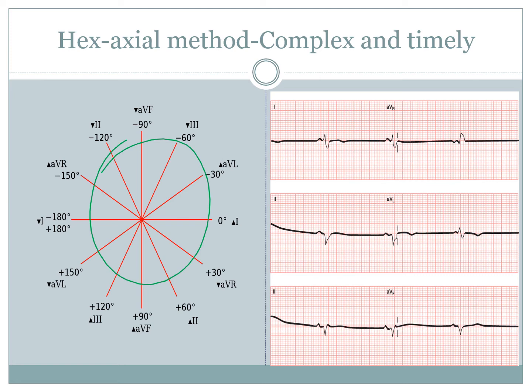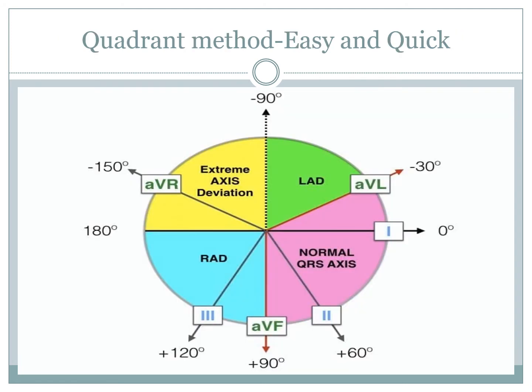The other method is the quadrant method. This is an easy, very rapid method, and you can do it as part of your normal 12 lead ECG. That one is the one that we're going to look at, because in reality, if you notice anything outside of the norm, it requires further investigation.